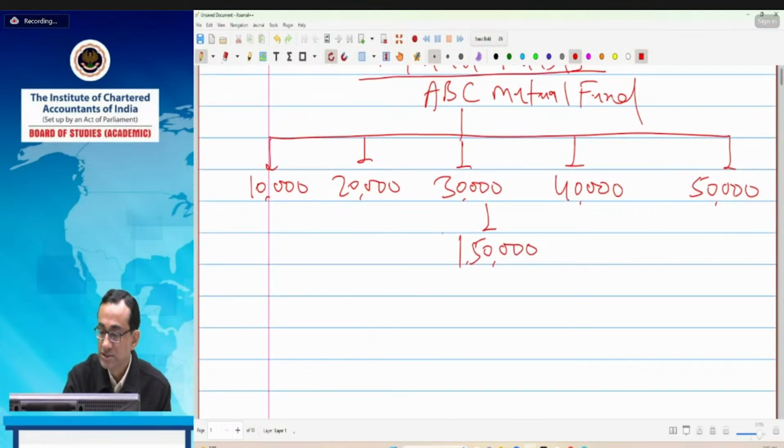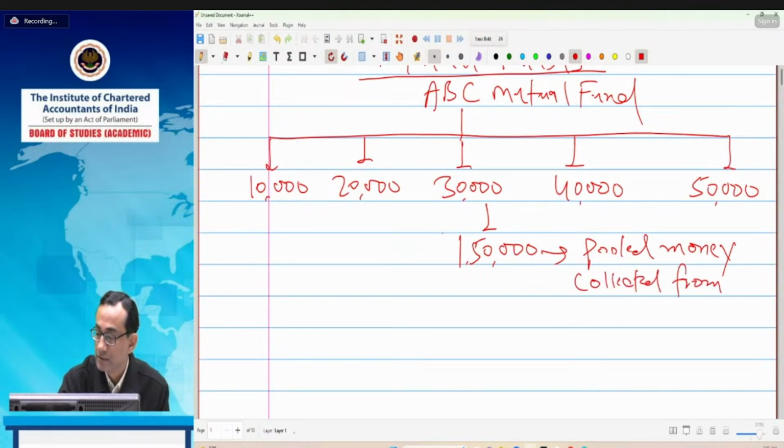So what is this 1,50,000? It is the pooled money, which is collected from the investors.